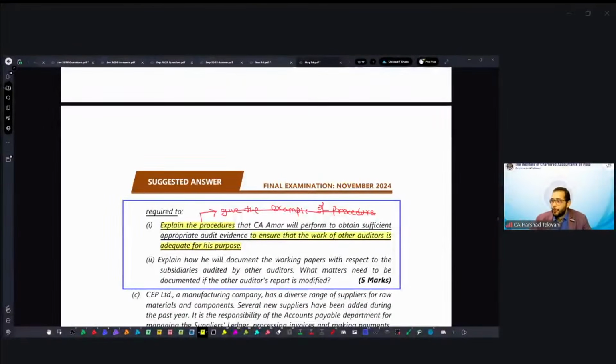Then we went to the execution, that is, how the execution will differ for the consolidated financial statements audit. Now we will take a step further and understand how the reporting will differ. We will see something different from the reporting perspective.